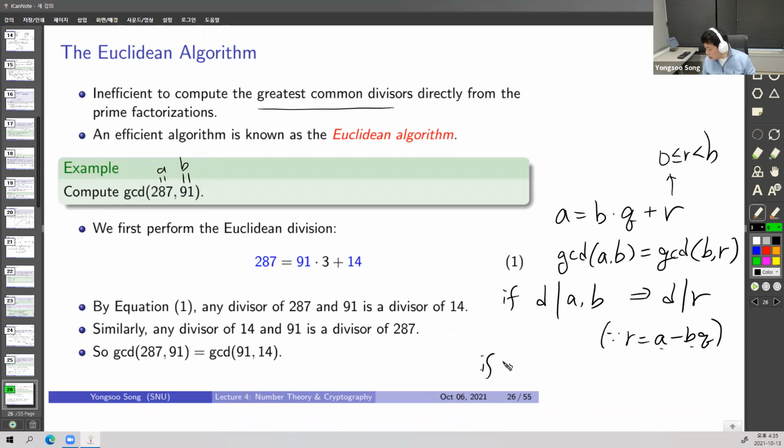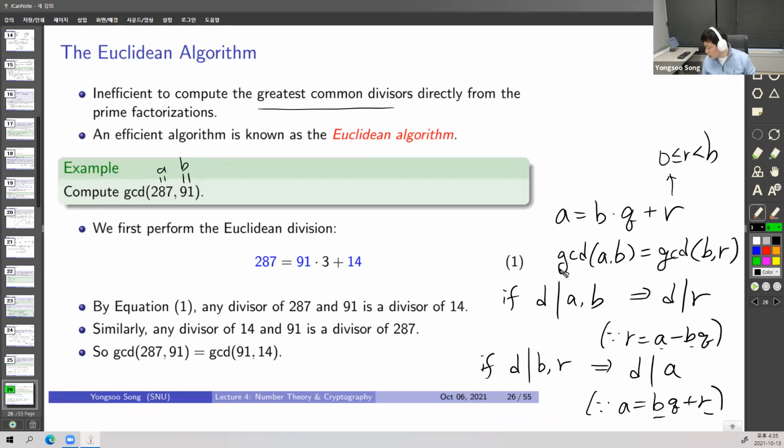And again, if D is a common divisor of B and R, then this D also divides A. Why? Again, because A is B times Q plus R. So if some integer divides both B and R, it should also divide A.